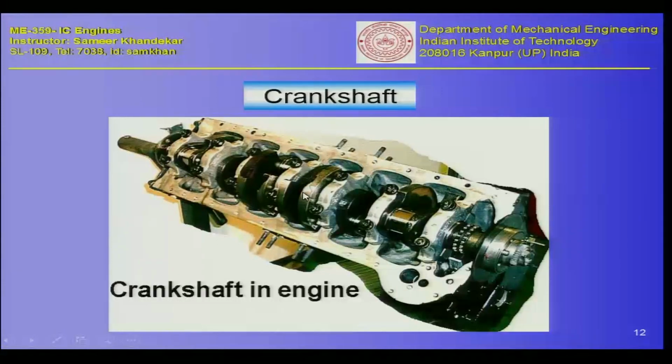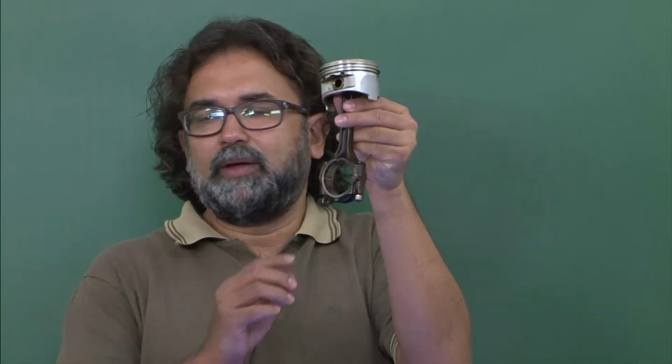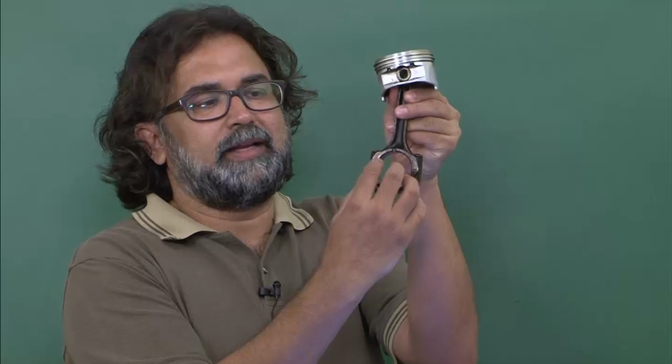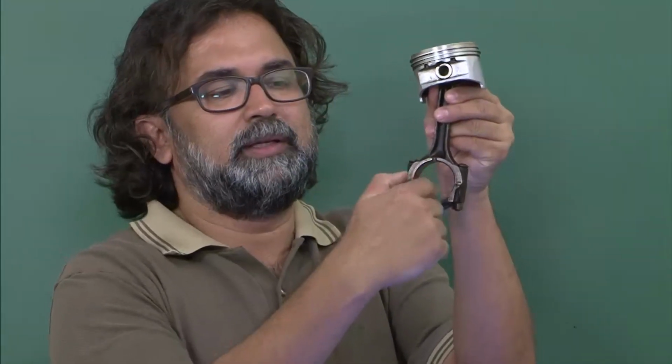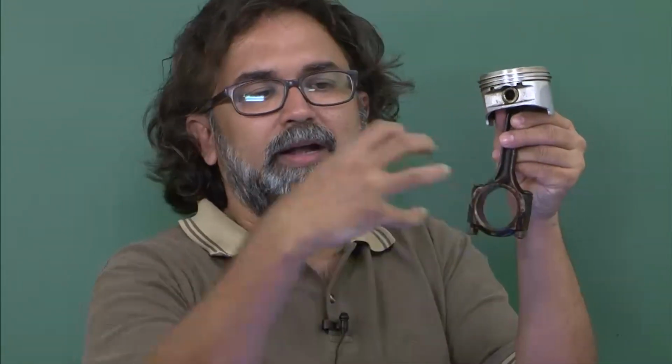Essentially the connecting rod will be fitted to each of these crankshafts. The bigger end, the larger end, so to say, will get fitted into the crankshaft, and if there are multiple units, they will all go in different phases.